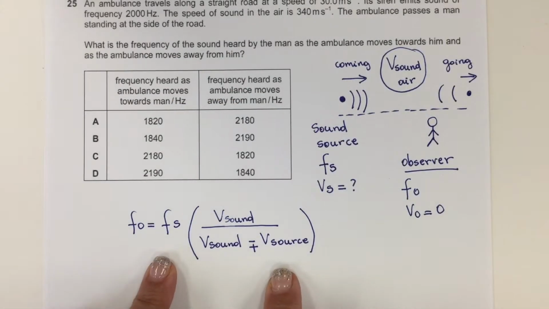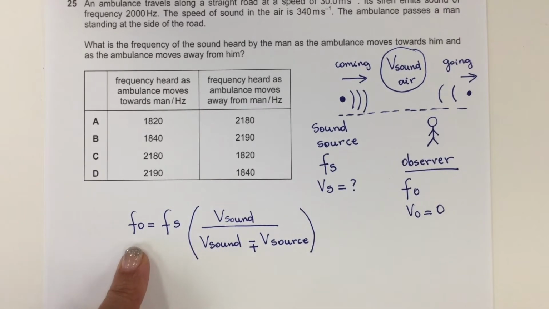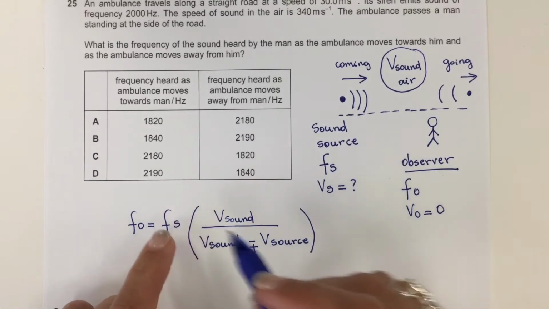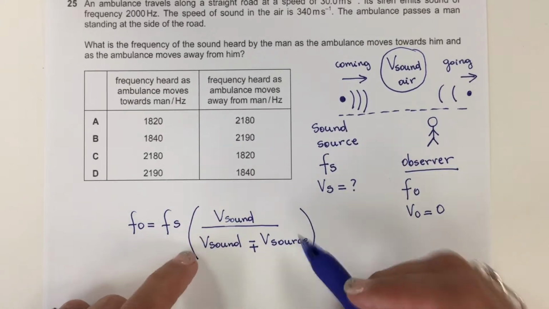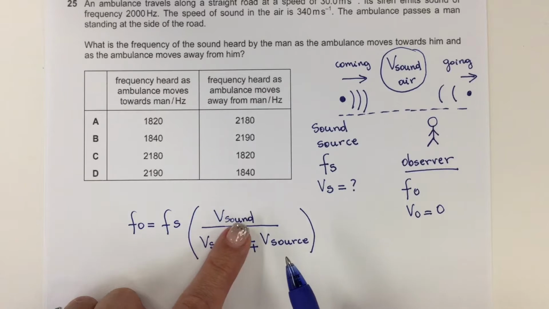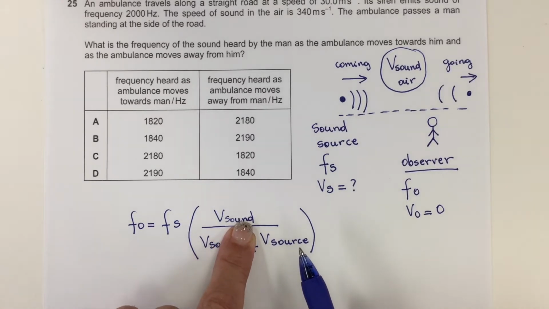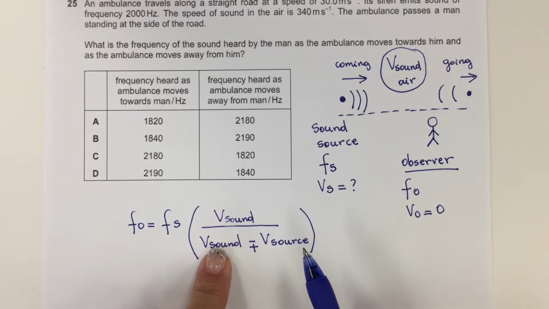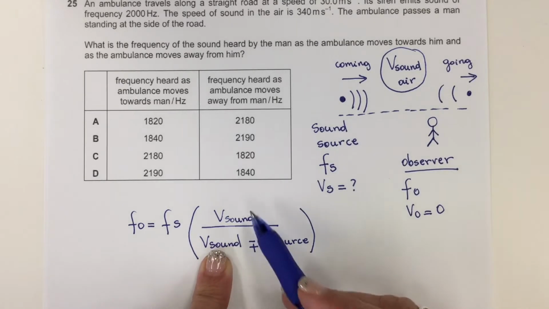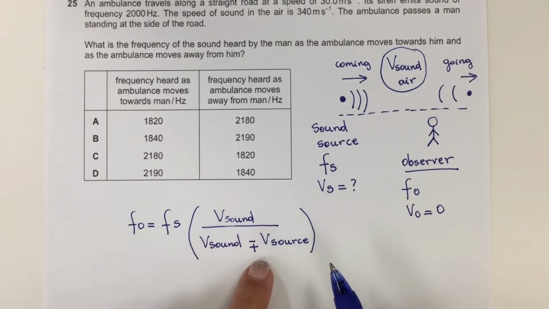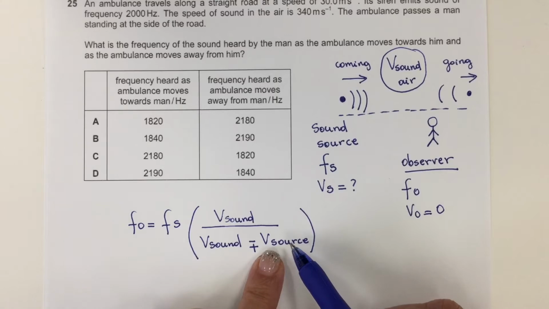Now this is the Doppler effect formula. FO is the frequency detected by the observer, and it is equal to the frequency emitted by the source multiplied by this fraction: V, the speed of the sound in the medium, over the speed of the sound in the medium, same number, plus or minus the speed of the sound source.